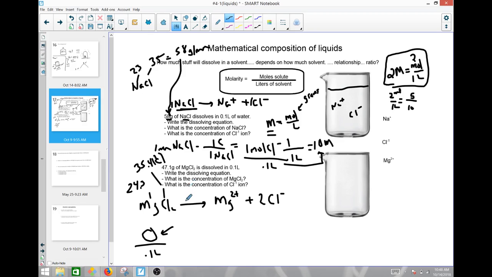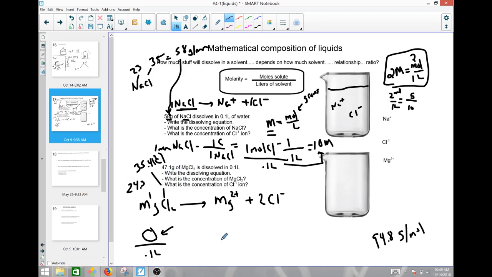Add that together, 70.8 plus 24 equals 94.8. So in this case, 94.8 grams per 1 mole. So 1 mole weighs that much. I don't have that much. I got 47.1. So here we go.